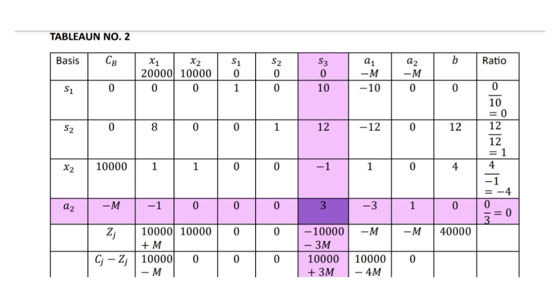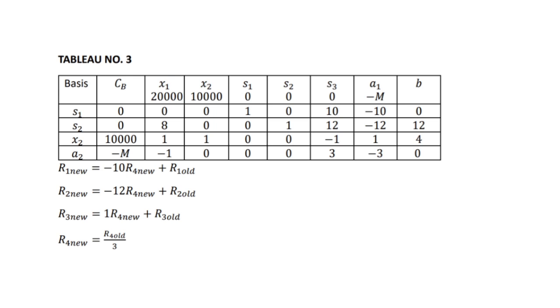So next, we again compute c sub j minus z sub j. We check if there is still a positive value. So there is. So another pivot is needed. As we can see, the highest positive value is in the s sub 3 column. Thus, s sub 3 is the new pivot column. Then let's identify the new pivot row by choosing the smallest positive ratio, and it is in the a sub 2 row. Then next, let's perform row operations again by letting R sub 1 new be equal to 10 times R sub 4 new plus R sub 1 old.